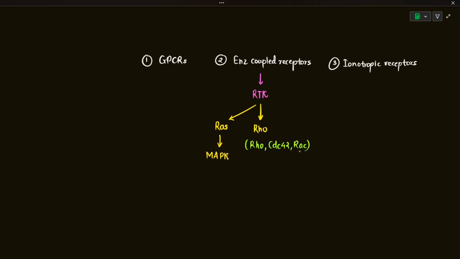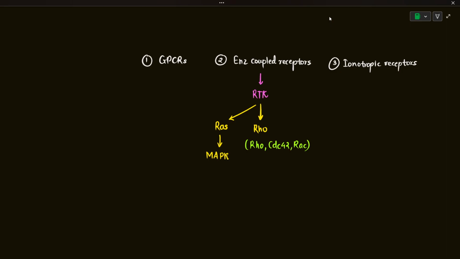These are the different members of the Rho family, and they work in different conditions according to different extracellular signals. So today we will learn about Rho signaling in detail, how these molecular switches, the Rho proteins, are going to work downstream.